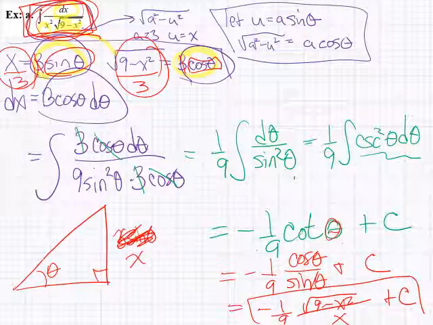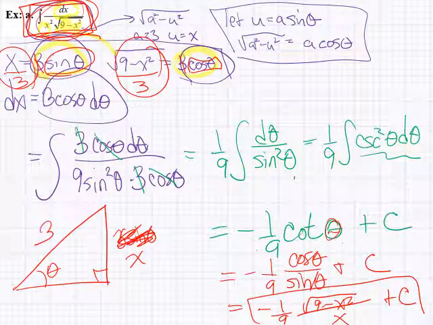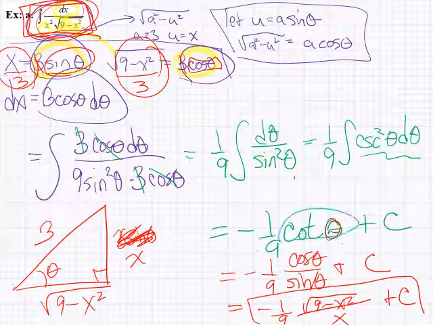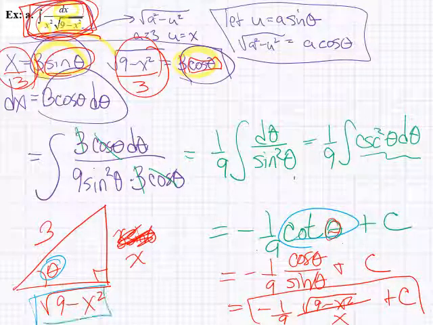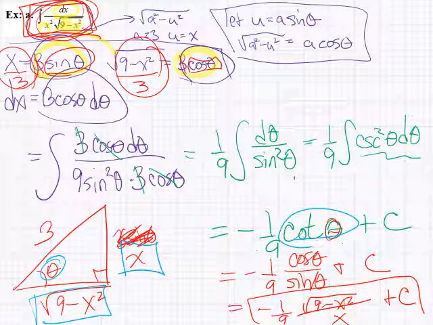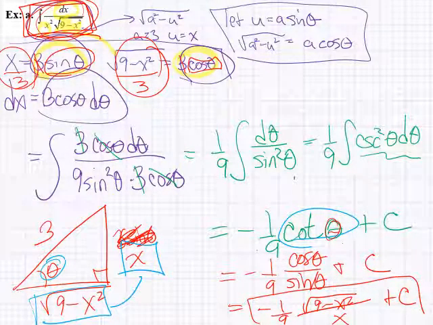And this was supposed to be your a, which was 3. And so then this would be the square root of 9 minus x squared. And if we were to take the cotangent of theta, cotangent needs the adjacent side over the opposite side. So if I take this divided by this, I get the same answer I got here.